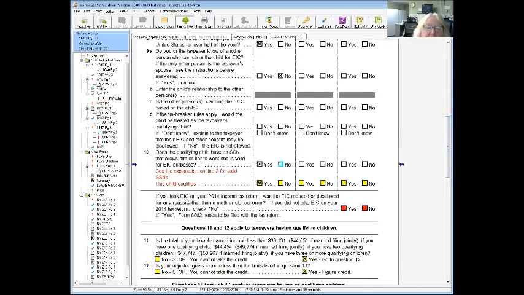If you had EIC on your 2014 income tax return, was the EIC reduced or disallowed? And the way to ask this, have you ever been disallowed earned income credit on a tax return? They'll say, what? If that's their answer, then they haven't, because they would know. Okay, so no. Oh, look, isn't that wonderful? We have a blue check mark.